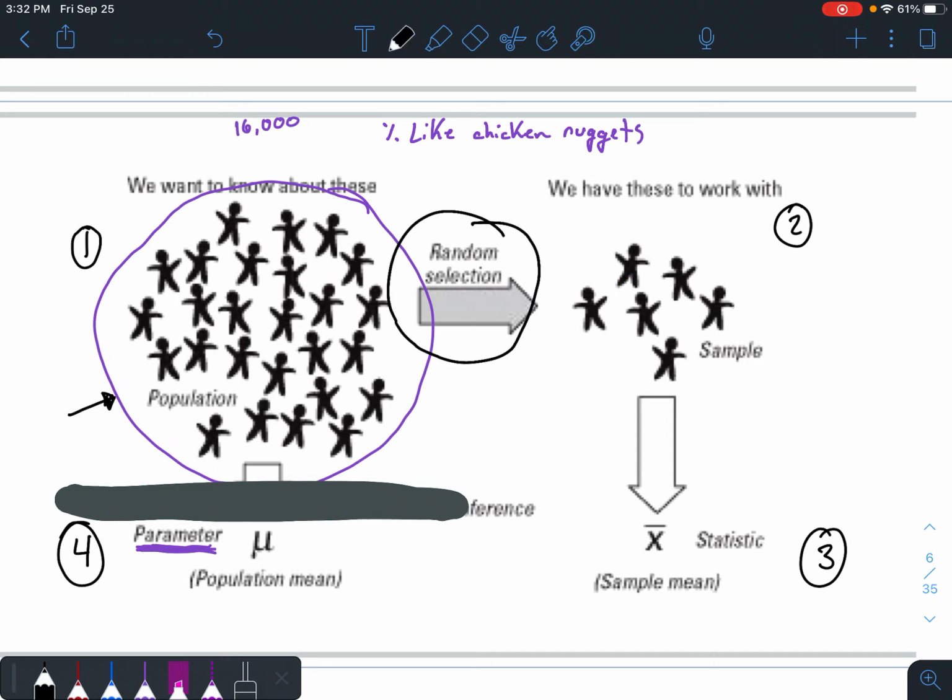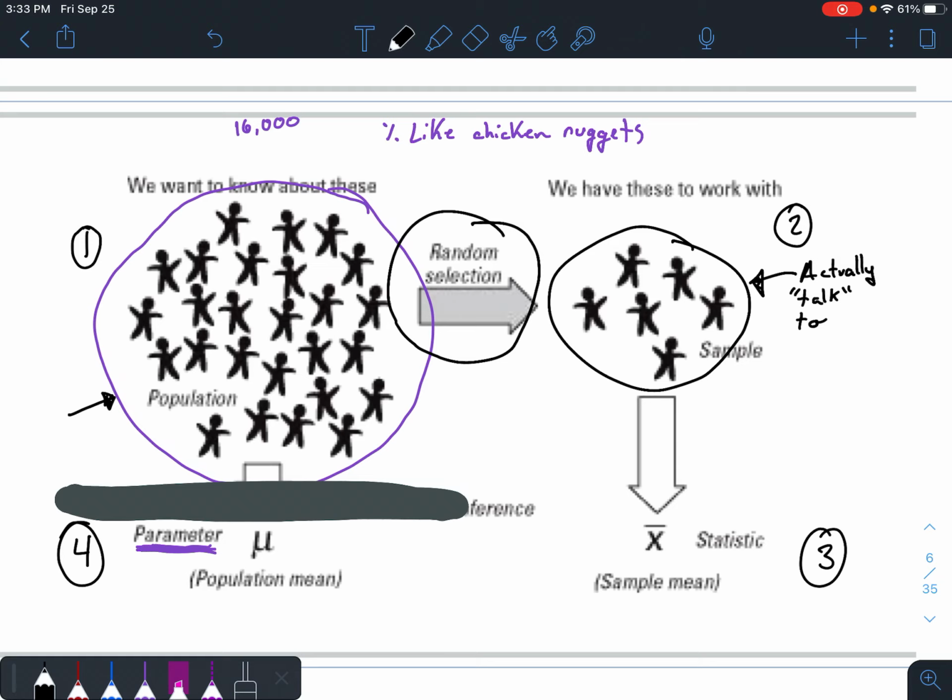This can be relatively small, but this is the people that we actually sample and talk to. We'll say talk because it might not necessarily be mouth, it could be answering a survey online or whatever. We'll get into that.